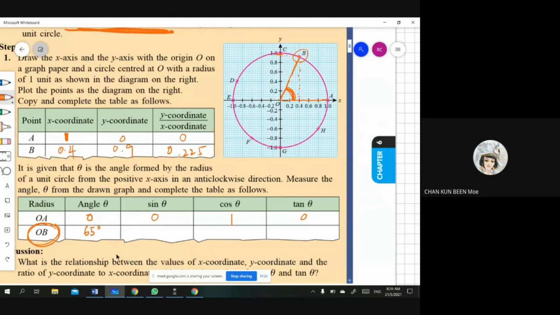Okay, the first one, how much is it? Sine 65. Erika, are you here?